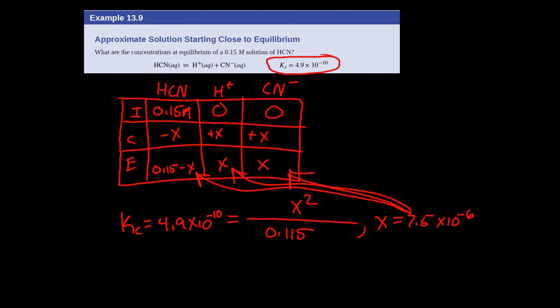What you'll find is if you type into your calculator 0.15 minus 7.5 times 10 to the negative 6, to not write 0.15 as an answer, you would have to have 6 sig figs, because the answer you get is 0.149925. So you would have to have 6 sig figs to not just have 0.15, which is why our X is small assumption was valid.